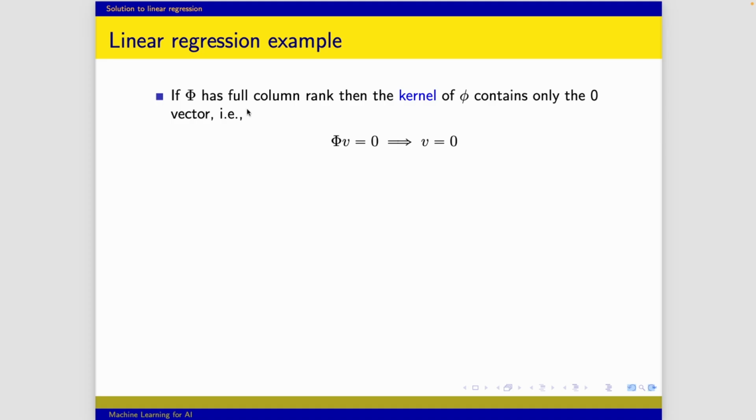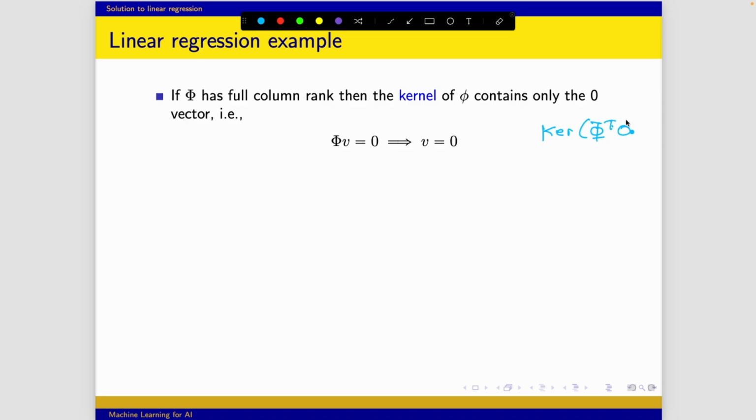Now, if phi has full column rank, then its kernel, which is the set of vectors that it sends to 0, the 0 vector, is only the 0 vector. So we would write the kernel of phi is equal to the 0 vector. Sorry, not phi transpose phi, just phi.